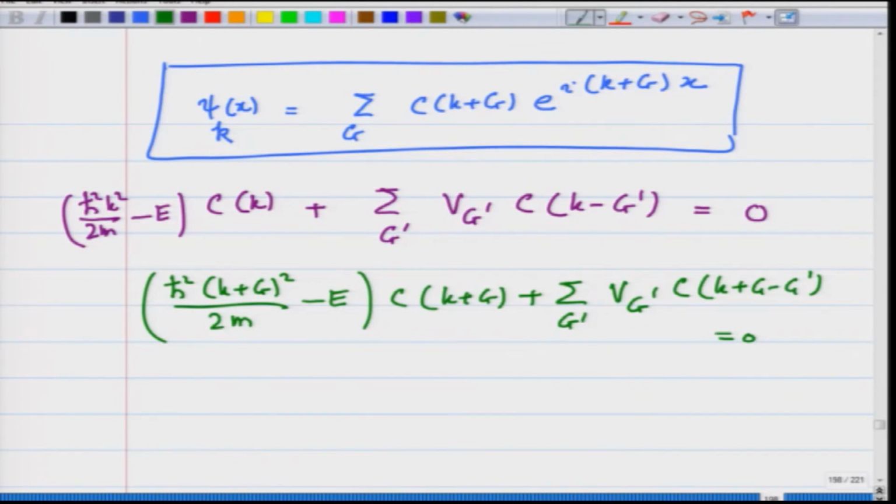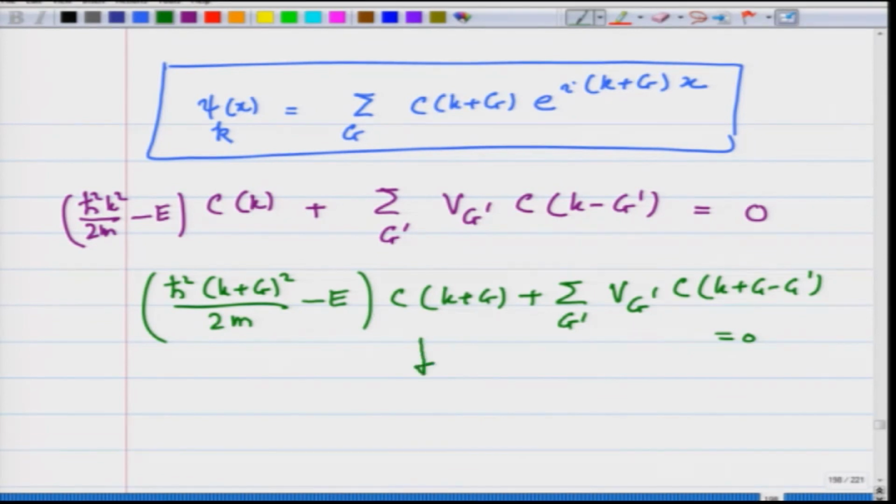So, this is a set of equations for all c's, and if you want to now calculate the energy, you have to take a finite number of these equations and diagonalize the resulting determinant for the coefficients of c's, and that leads to the bands.